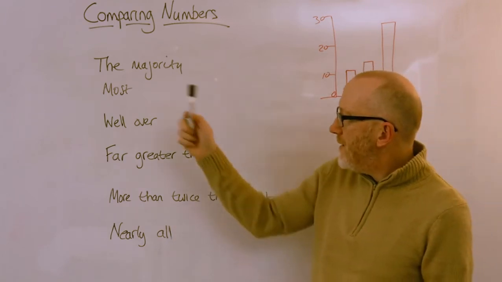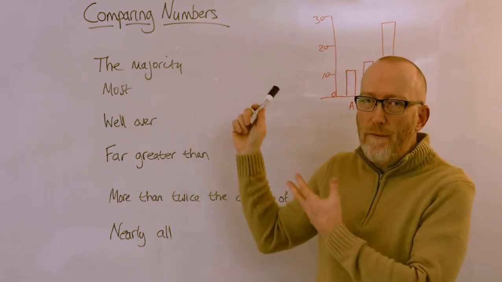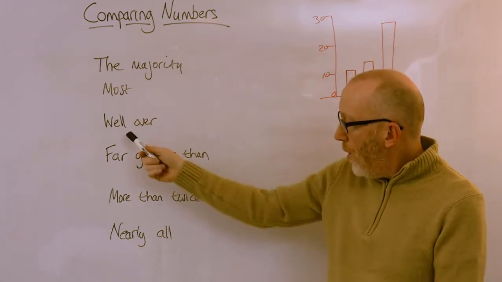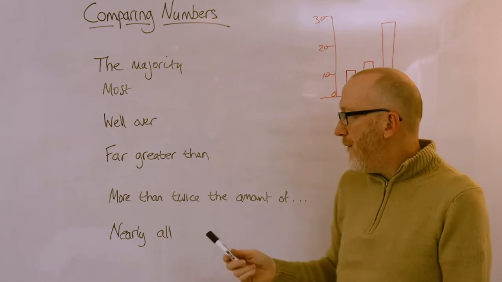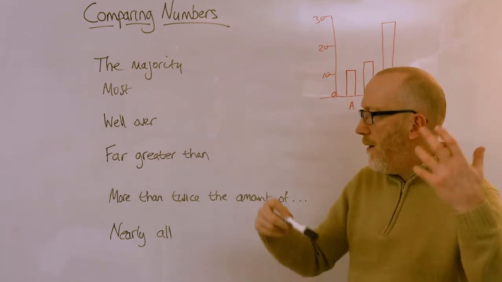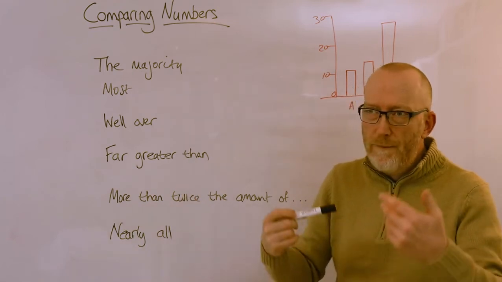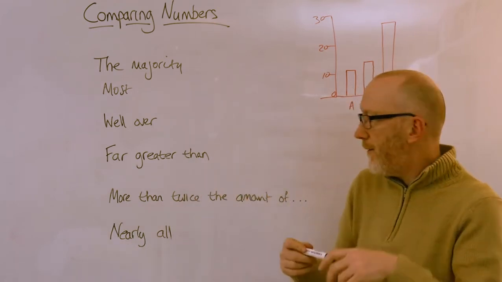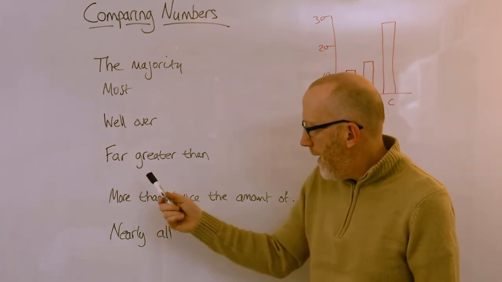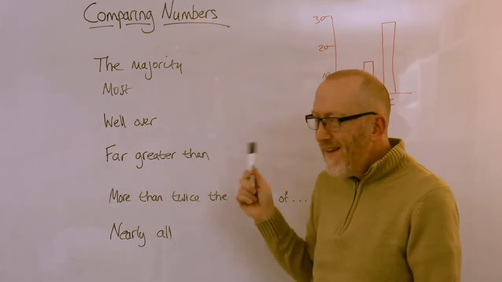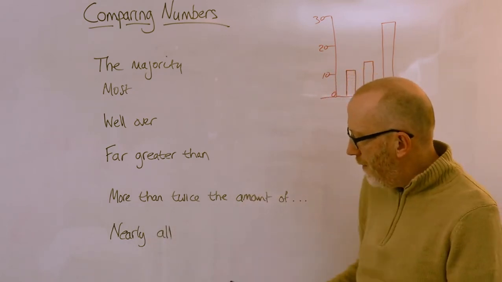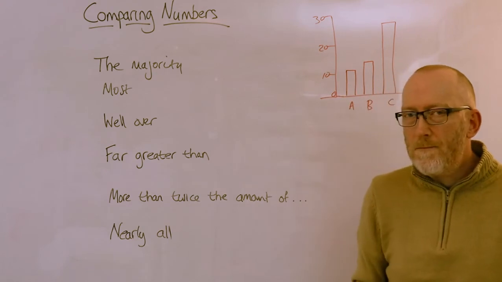So we have phrases like the majority of something, most, which is a very, very simple word. Well over, we spoke about well over before, but we can use well over to talk about well over 3/4 of people preferred option C, whatever option C is. Option C is far greater than any other. More than twice the amount of, or perhaps even nearly all.